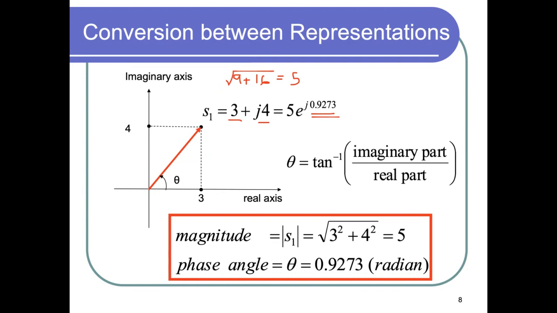So this 0.9 is really tan inverse of 4 over 3. Why is it 4? Because it's this guy, the vertical part. Why is it 3? Because it's this guy, the horizontal axis. You take that 4 and you have this 3, and you get a certain angle. That's the theta that we're looking for.